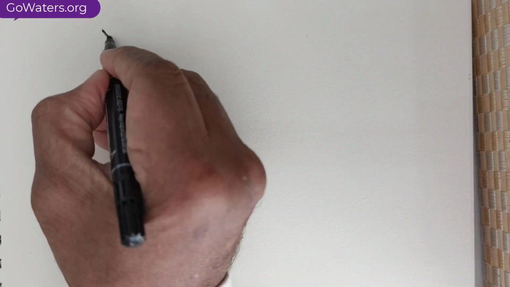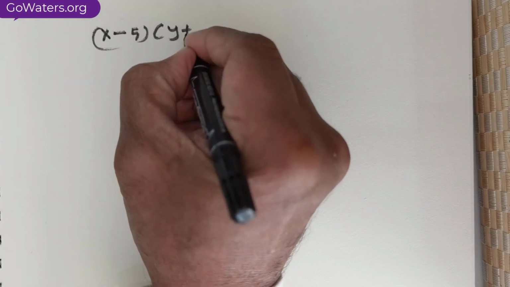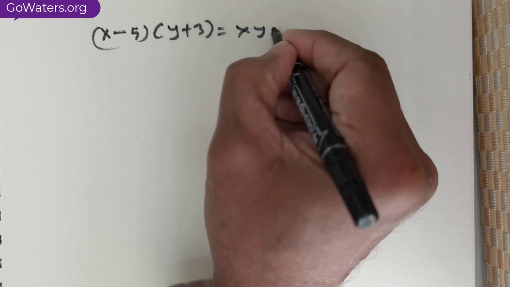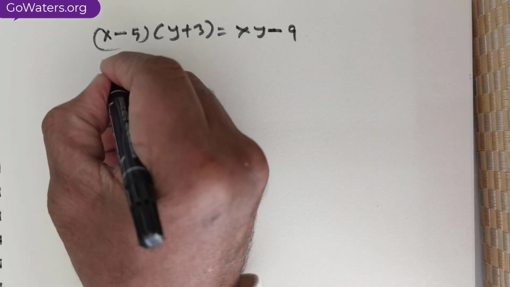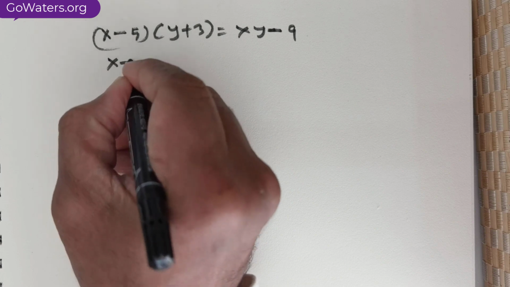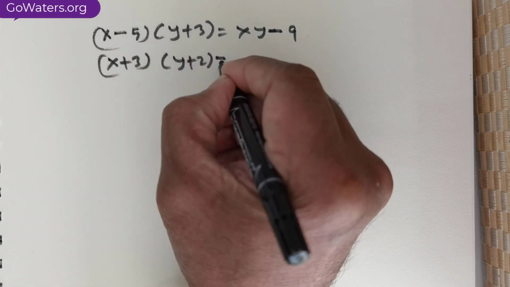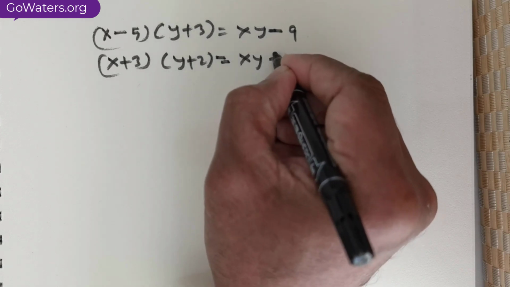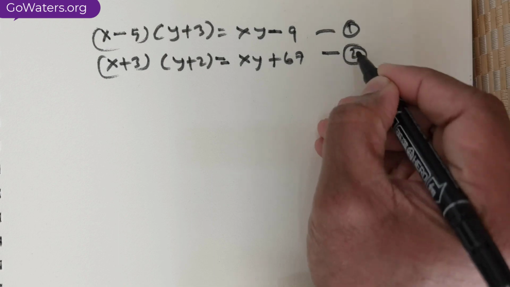So this is the system we will have: (x - 5)(y + 3) = xy - 9. And for the second one, it's going to be (x + 3)(y + 2) = xy + 67. I'm taking this as 1, and this as 2.